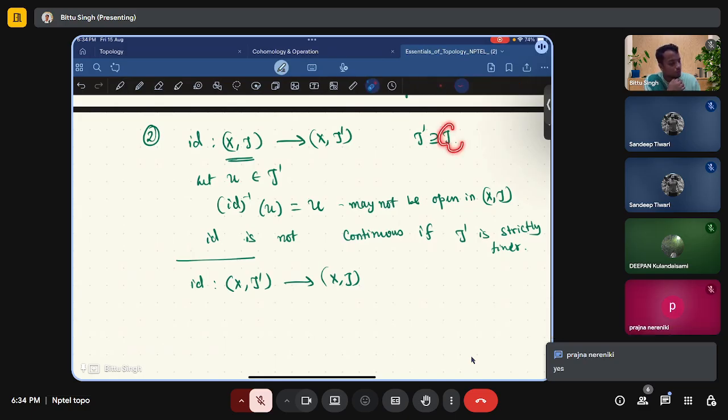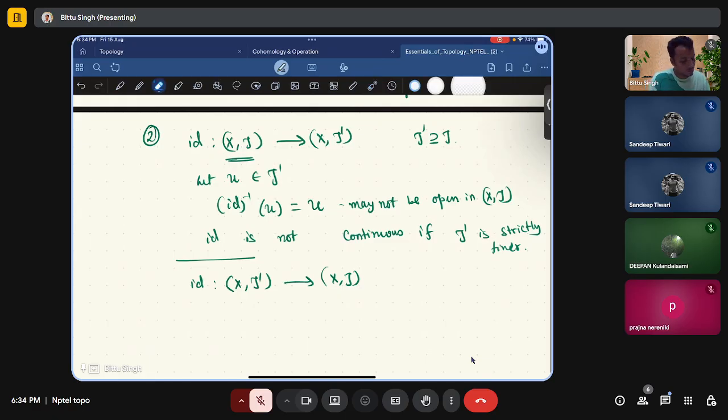Whatever open set we choose from tau, it is always open in tau dash. Maybe write in the opposite way, the familiar one. So whatever is open in tau, that is always open in tau dash. So this is continuous. CTS, I am denoting by shorthand.